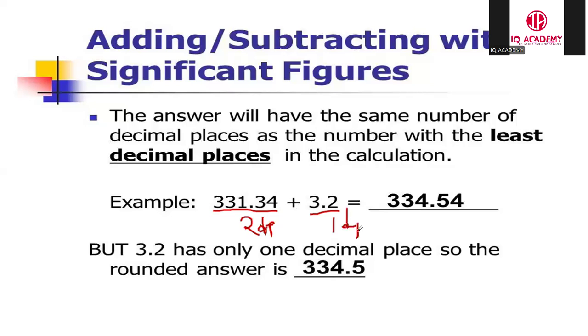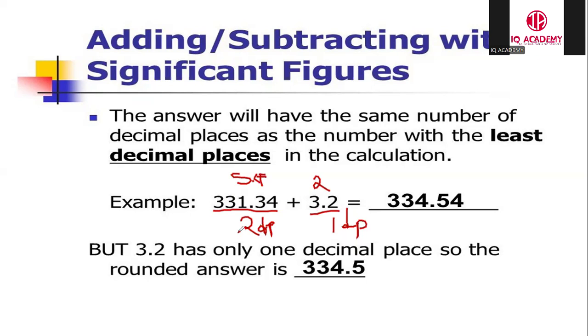So the rule is when you're adding such numbers that have different numbers of significant figures, because this one here has 5 significant figures, let me write on top here, 5 significant figures, and this one here only has 2. So when you're adding or subtracting 2 numbers that have different numbers of significant figures, then after you add, your answer should contain the same number of decimal places as the number that had the least number of decimal places.